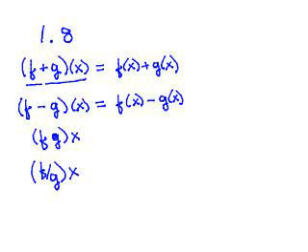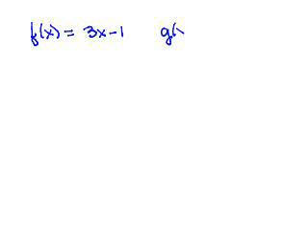Okay? So if I looked at some examples of that, let's say we have the function f of x, and we're going to let it equal 3x minus 1. And then we're going to take a second, different function, so we'll label it g of x, and let's say that is x squared plus 2x minus 1.